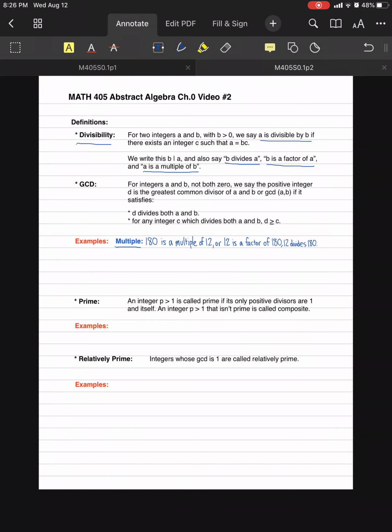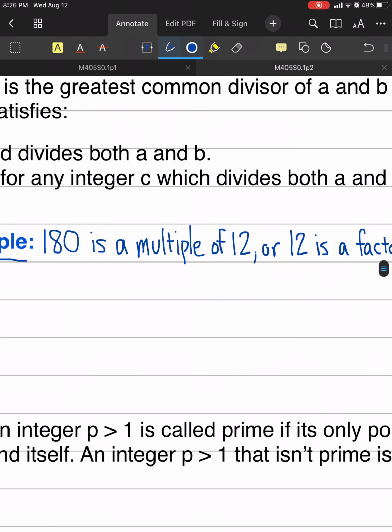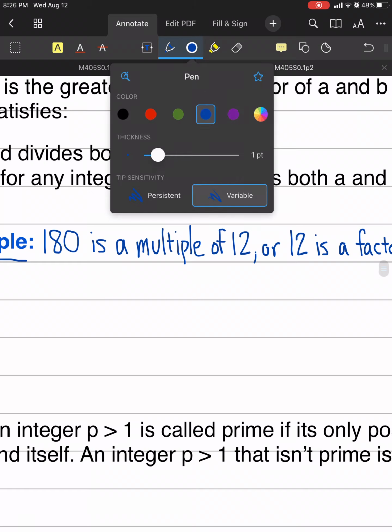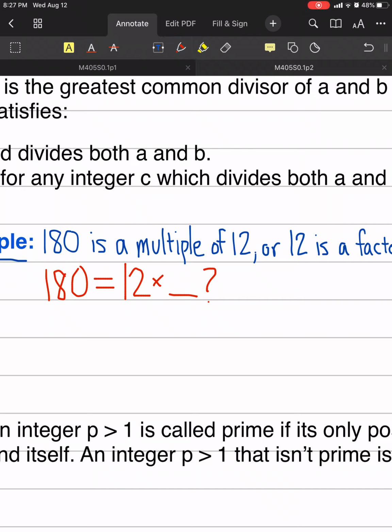In other words, what I would be looking for in order to say 180 is a multiple of 12 is 180 equals 12 times some number. We don't know what that is. Well, you probably already know what that is, but if you don't, you can figure it out real quick, and I'll probably have you pause this to figure that out.